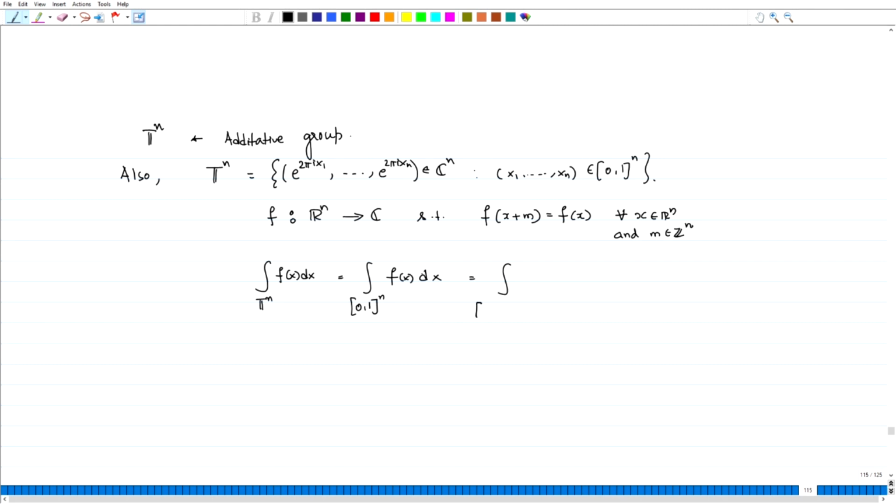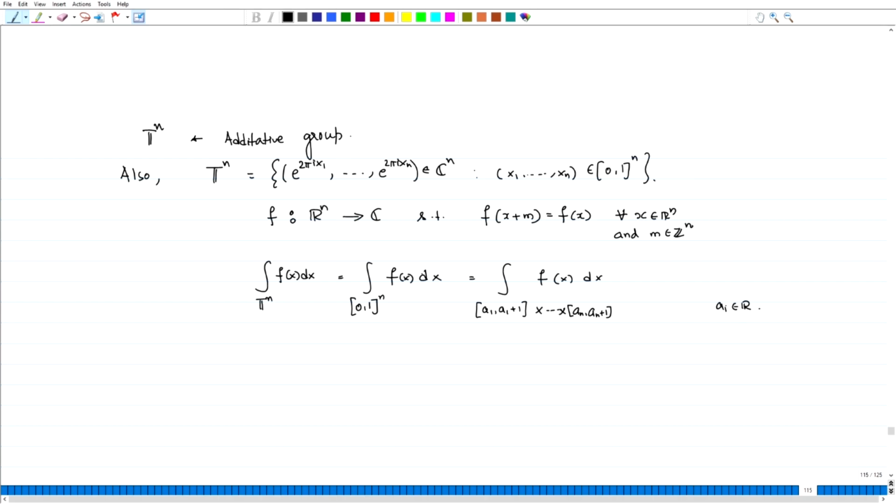That means the integral over a 1 to a 1 plus 1 cross ... a n to a n plus 1 of f of x dx, for all a i belonging to R. Exactly this is the periodicity.